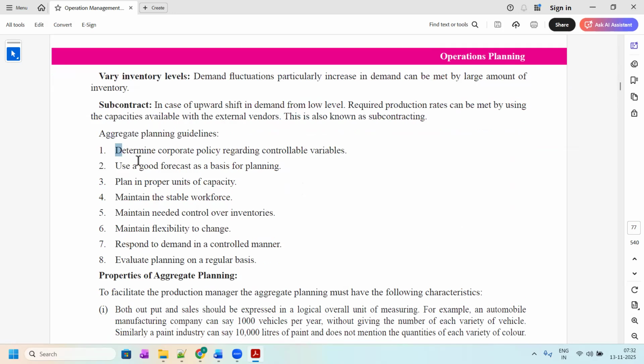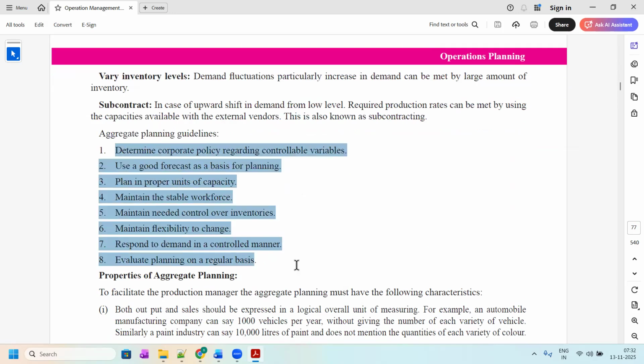Here, a few guidelines are given for aggregate planning. You can read about these guidelines. This guideline is about forecasting the demand. If we have a better forecasting method, then planning would be good. Then it's talking about the corporate policy regarding the controllable variables.